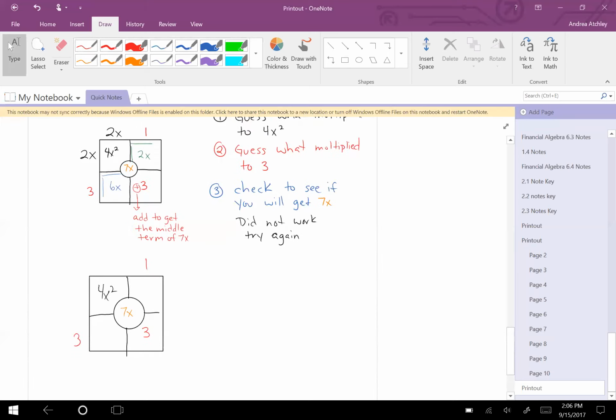But I can look back here. I used 2 and 2. Is there another way to get 4? 4 times 1, right? So I do 4x and x.